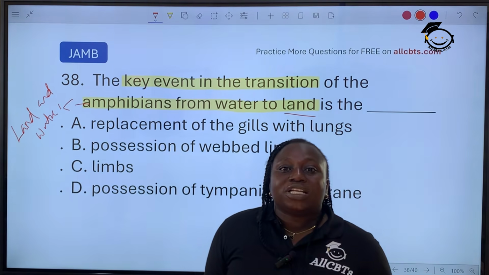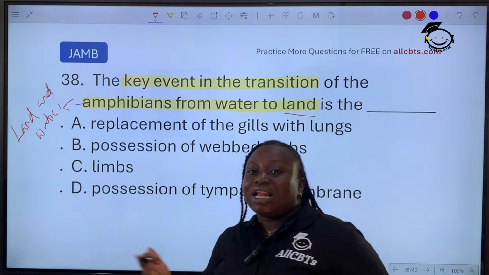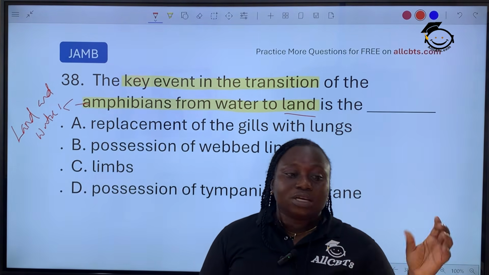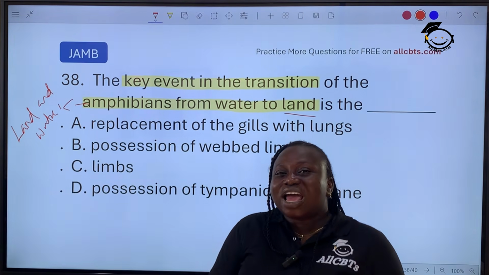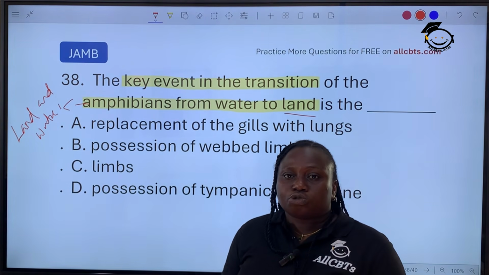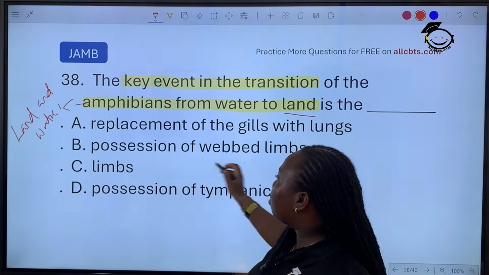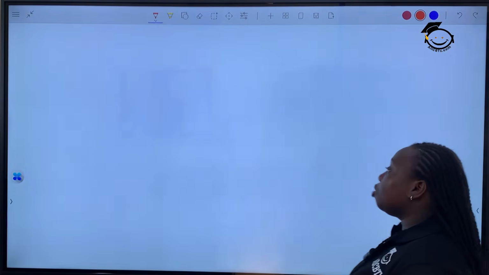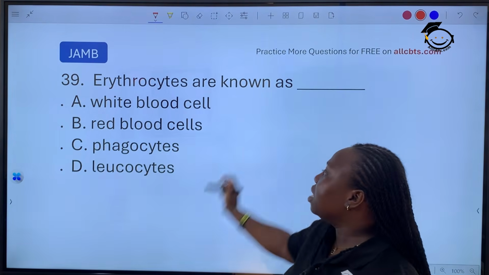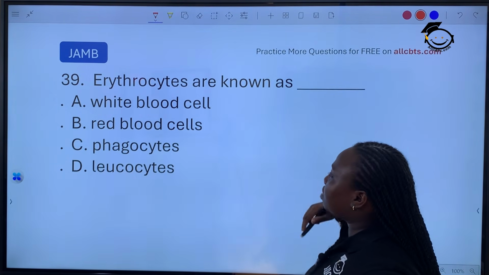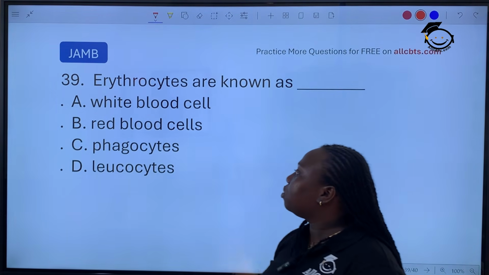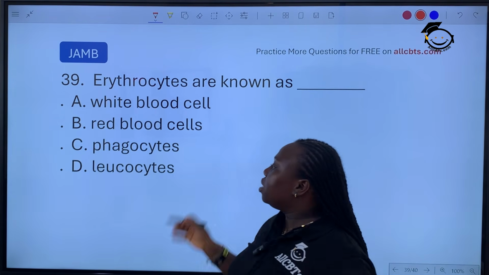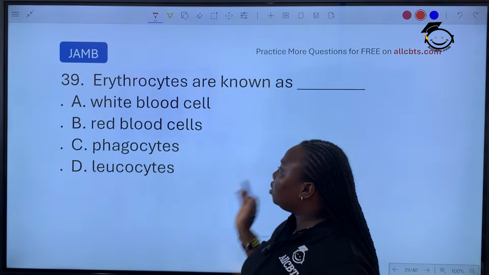So when an amphibian wants to transform to a land animal, the gills have to change to lungs. So that is option A, replacement of the gills with lungs. Number 39. Erythrocytes are also known as A. White blood cells, B. Red blood cells, C. Phagocytes, D. Leukocytes.